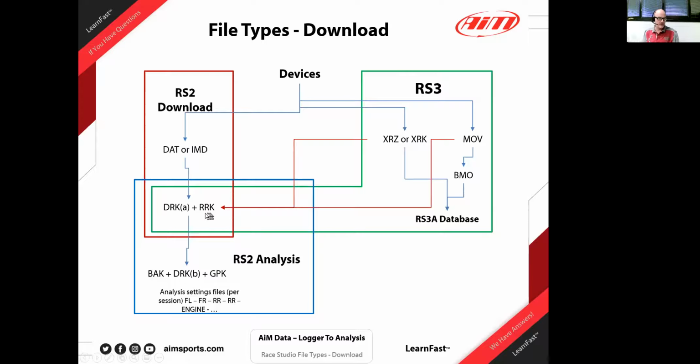The DRK that I called A is a perfectly valid DRK file containing all the sampled values for all the channels, while the RRK files are containing all the GPS information for the session.